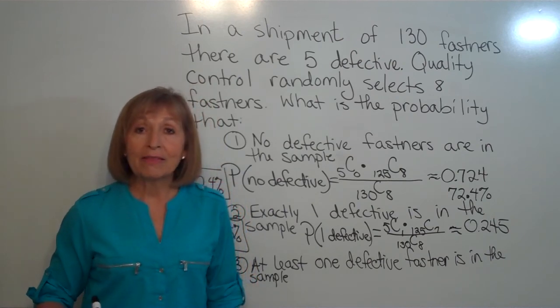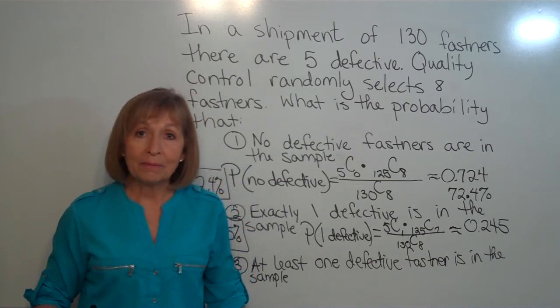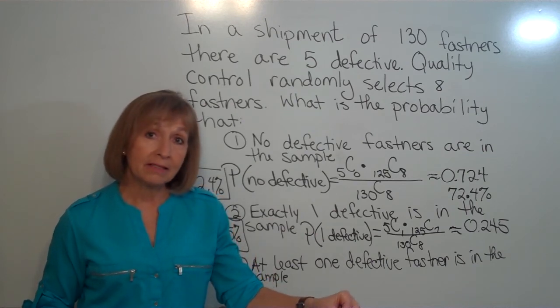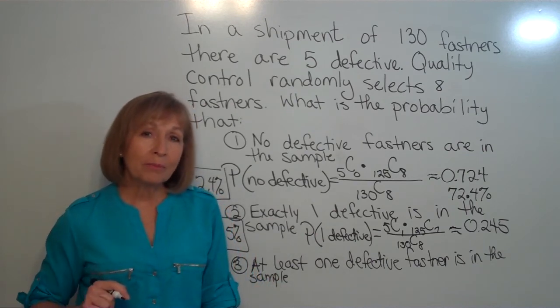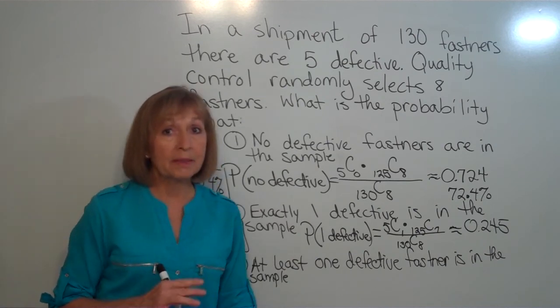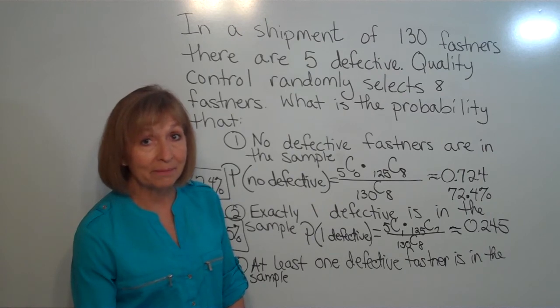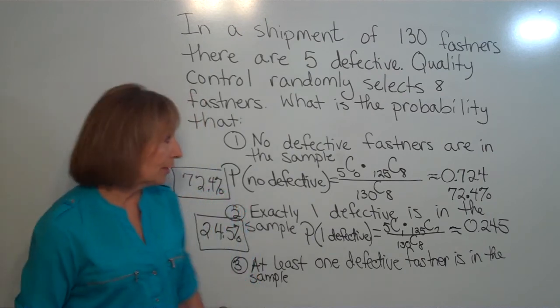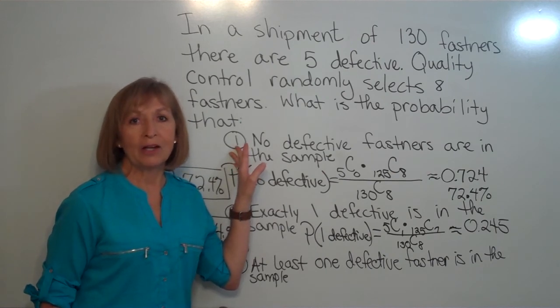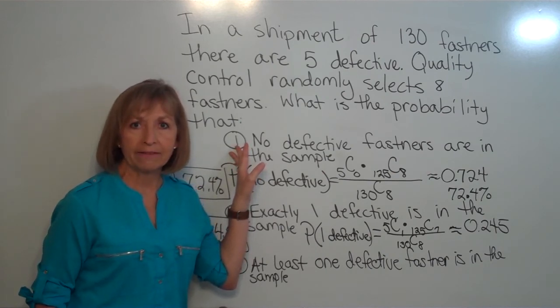And I can find the probability of the complement by taking 1 minus the probability of the event, or I can find the probability of the event by taking 1 minus the probability of that event's complement. So when you look back at this first one, we found the probability already that none are defective.